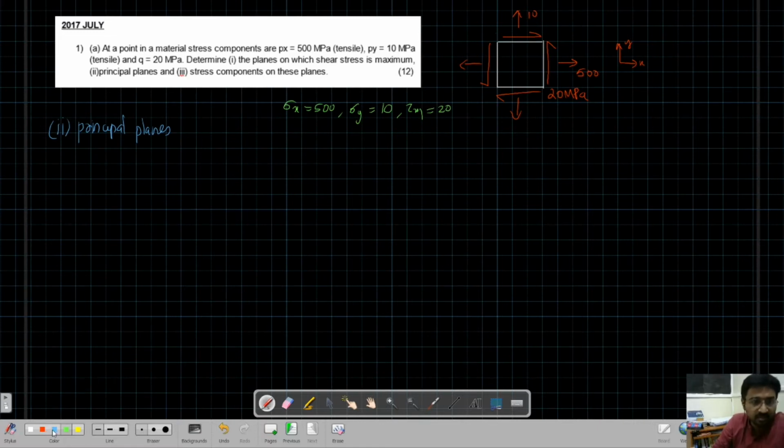Now for principal planes, we know that we can use the formula tan 2 theta p equal to tau xy upon (sigma x minus sigma y) by 2, which is 20 upon (500 minus 10) by 2. So this is 20 upon 490 by 2, which is 245.